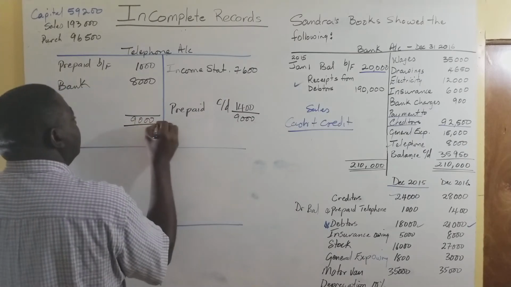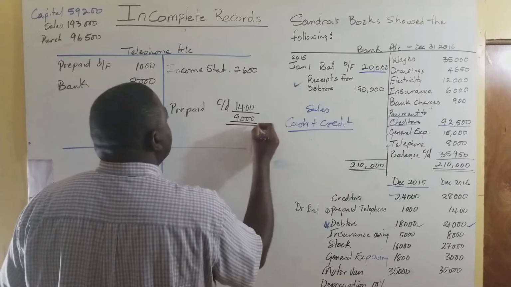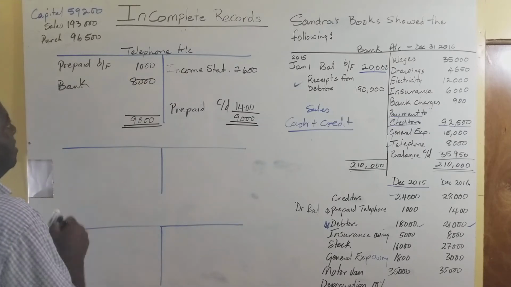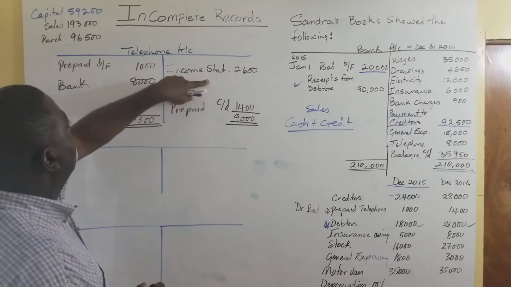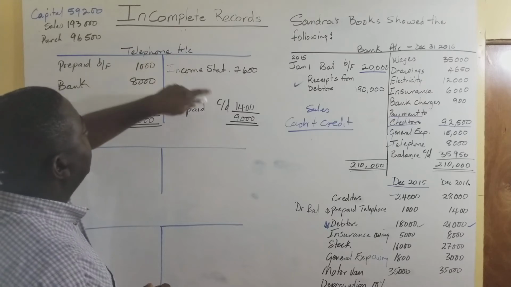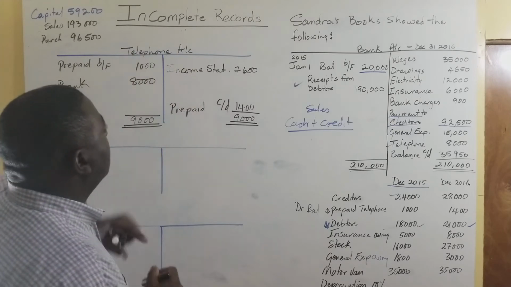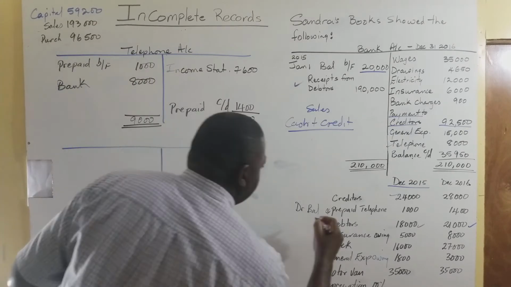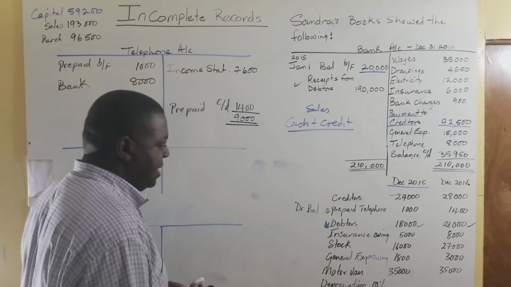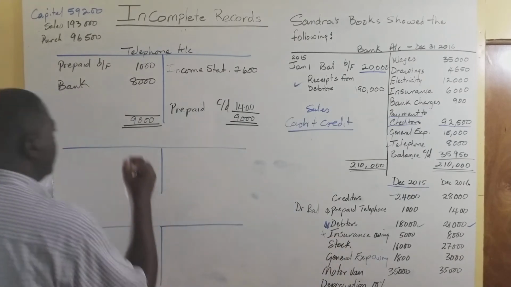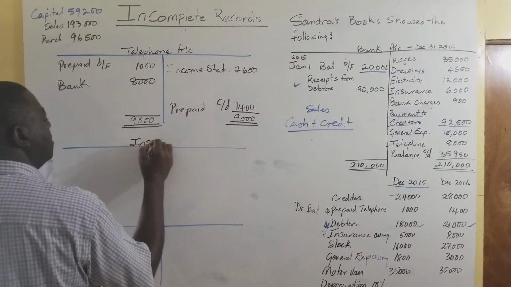Correct. So we have identified the total for the telephone that will go into the income statement. All right, so we have completed that. We're going to the next item, which is insurance. So we open our insurance account.